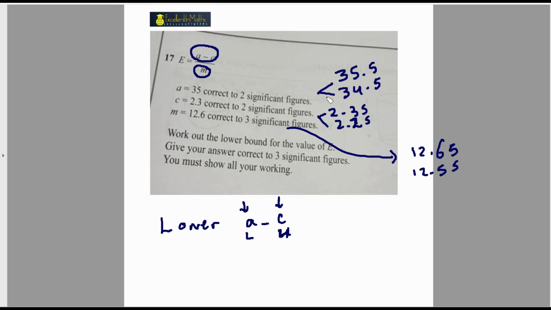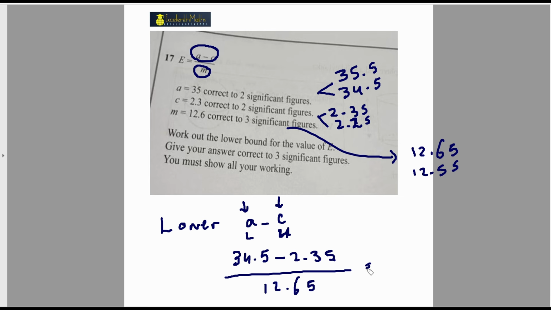Lower of A is 34.5. Take away upper of C, which is 2.35. And we're going to put all of that over the upper of M, which is 12.65.